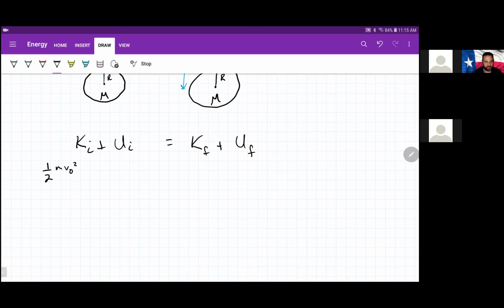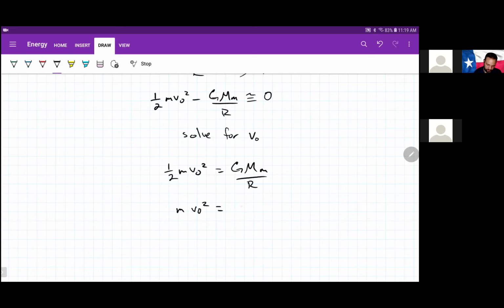And so we're going to end up with 1/2 m v naught squared equal to GMm over big R. Multiply both sides by 2, and we'll end up with m v naught squared equal to 2GMm over R. We've got an m on both sides, a little m, so those will go away.